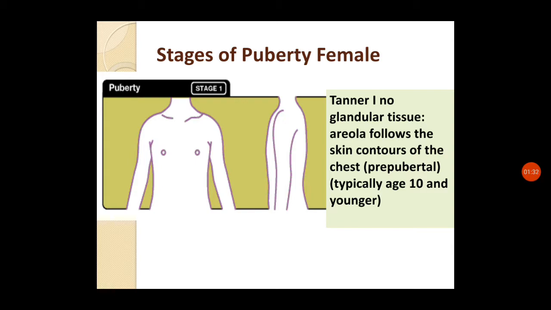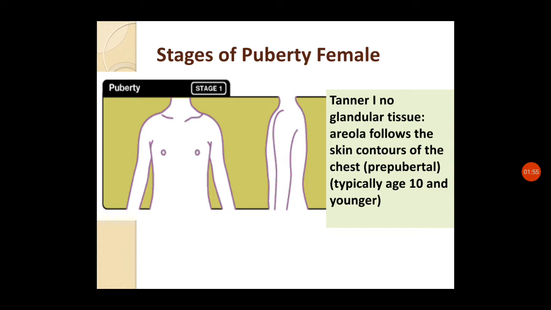In Tanner 1, there is no glandular tissue, and the areola follows the skin contours of the chest, prepubertal, typically age 10 and younger, small children. You can see the chest will be very flat, with no elevations in the breast tissue.